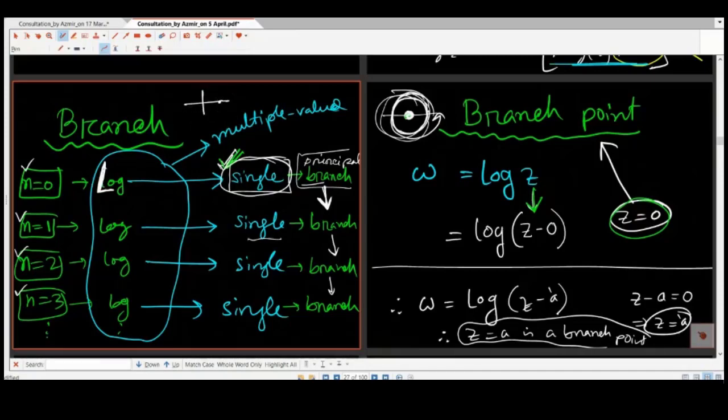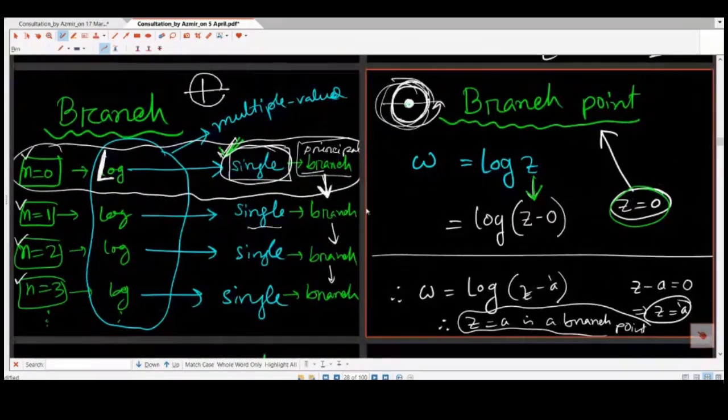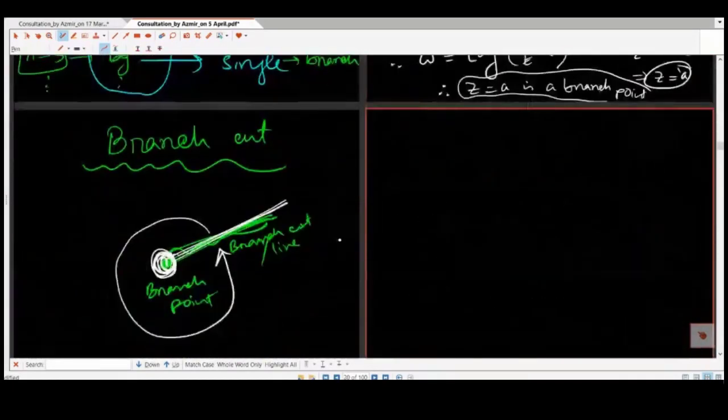So it will be just like this. We are starting from here and we are stopping here. So that means we don't have any complete rotation. If we don't have any complete rotation, then obviously there will be no other branches. So we are confined to this branch. So this is what we know as branch, branch point, and branch cut.